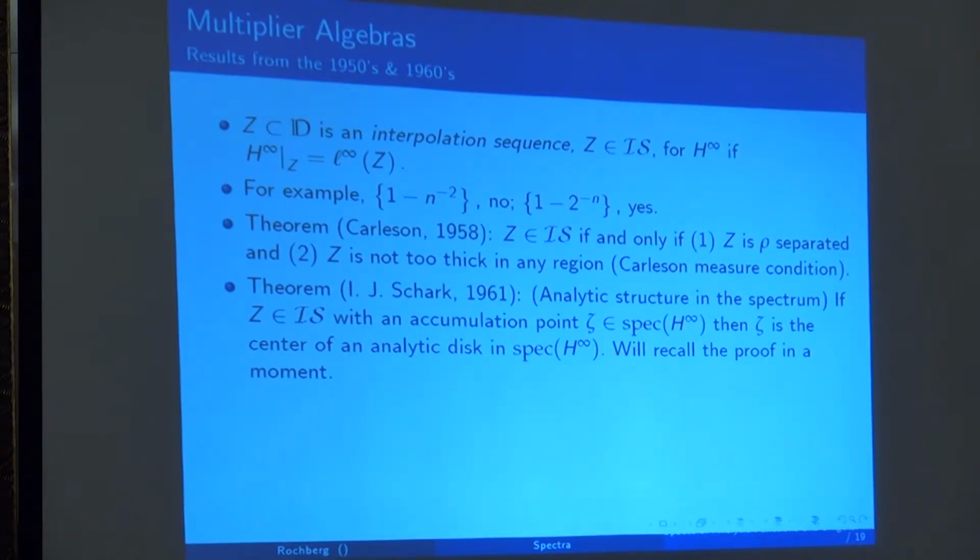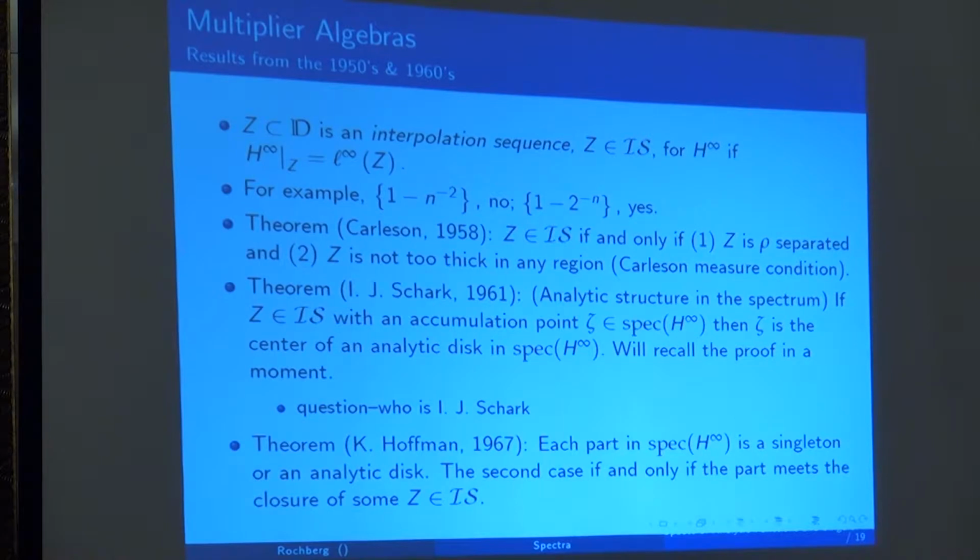Every one of those accumulation points is the center of an analytic disk, a point where you can map the unit disk into the maximal ideal space, taking 0 to zeta in a non-trivial way. And we will prove that in a moment. There's an interesting homework exercise to go find out who I.J. Shark is. You can find that out by looking up the paper in Math Reviews. You find he didn't write a lot of papers.